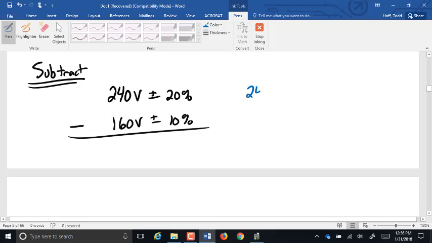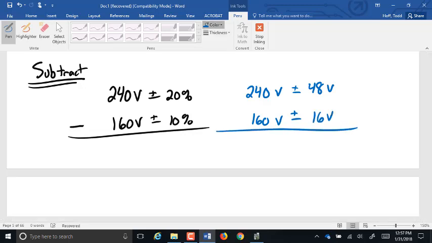Okay, so we've got the 240 volts and the 160 volts. We have to find 20% of the 240, which of course is 48 volts, and 10% of the 160, which is 16 volts. And we are subtracting. 240 minus 160 is 80 volts.